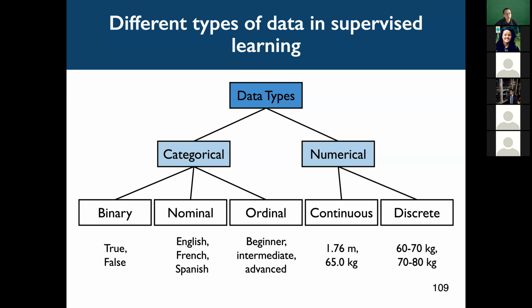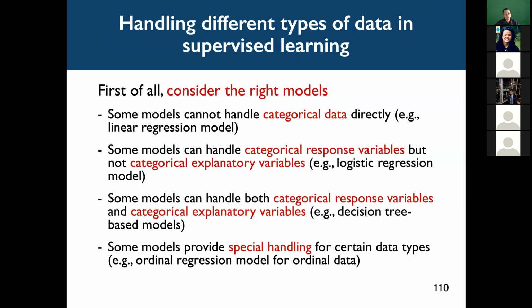How can we handle these different types of data in a model? The first approach is to select the machine learning model that can handle this type of data naturally. For example, some models cannot handle categorical data, like the linear regression model. In this case, you need to convert the categorical data into numerical data.